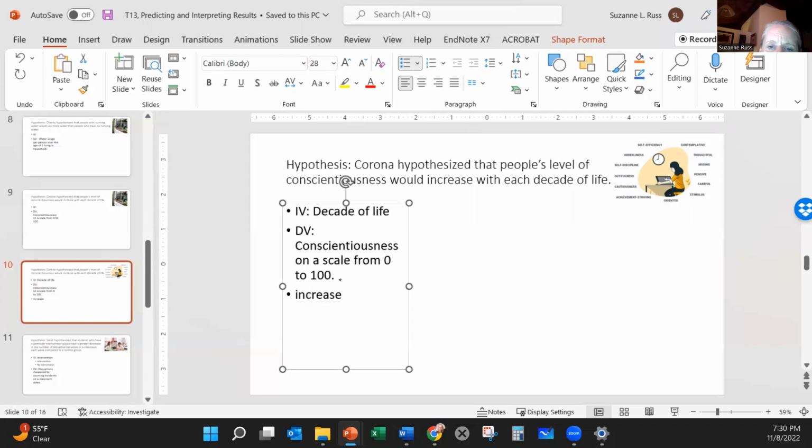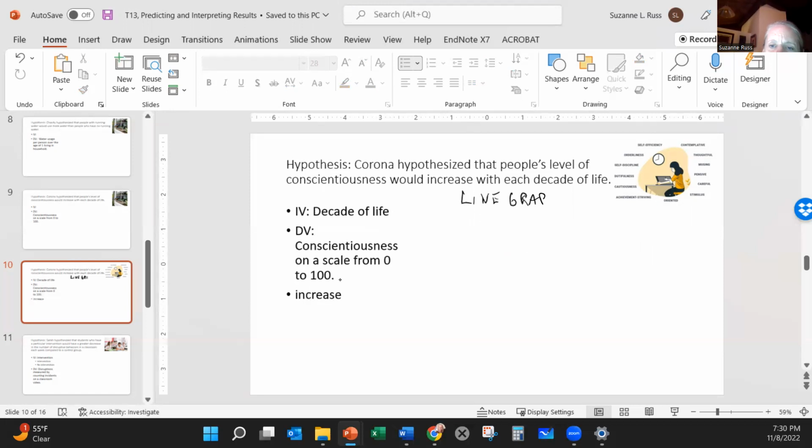So once again, for a line graph, we have on the y-axis the dependent variable, in this case, conscientiousness. Zero to 100 with 50 in the middle.